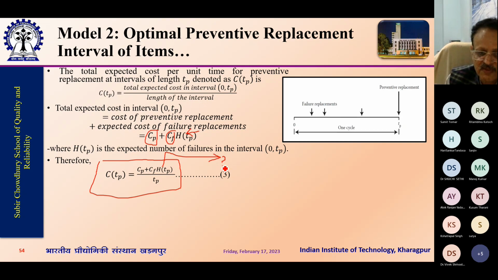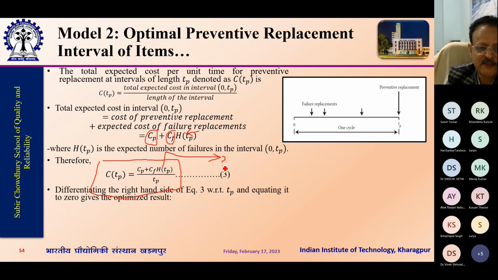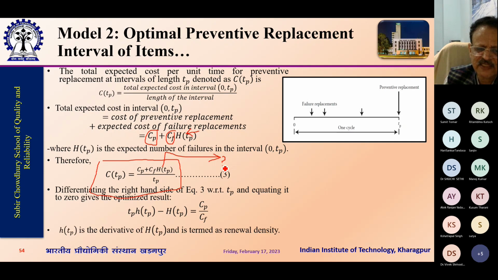If not impossible, it is a difficult problem in reliability engineering, right? So one can, if you can differentiate it, find out the solution of the equation thereon.